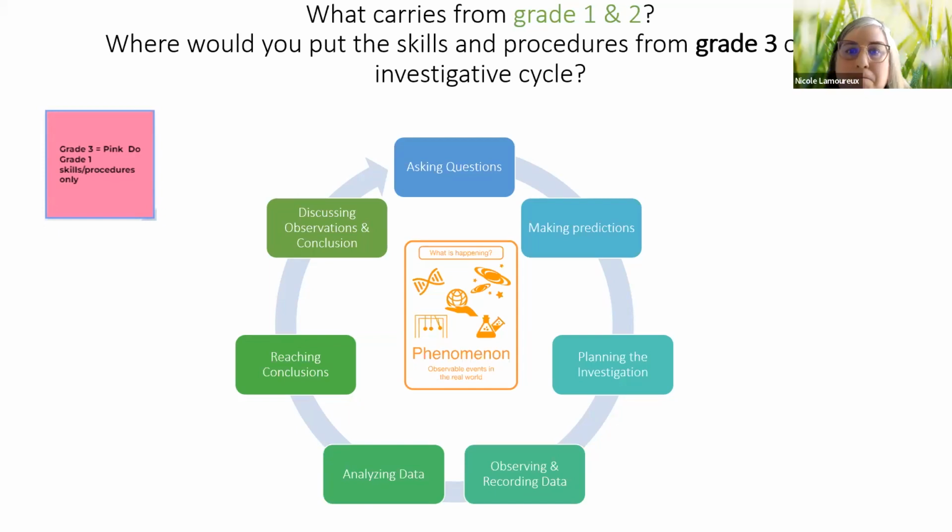Okay. Oh, awesome. Here they come. Observing and recording, relating procedures for investigation as they analyze data.